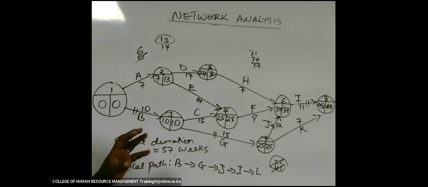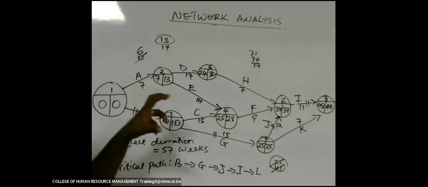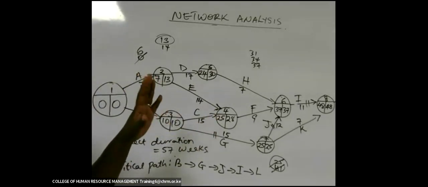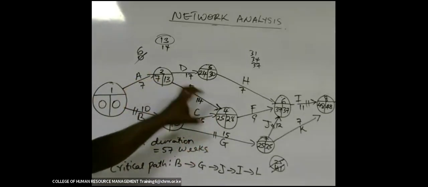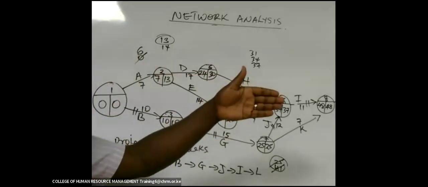Understand how to do a very good network diagram. Understand how you get the project duration. You do the forward pass. Where they converge, you add the time estimates, and then you pick the higher. You pick the higher time estimate when you are making a forward pass.